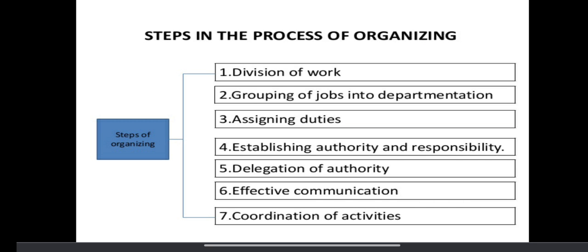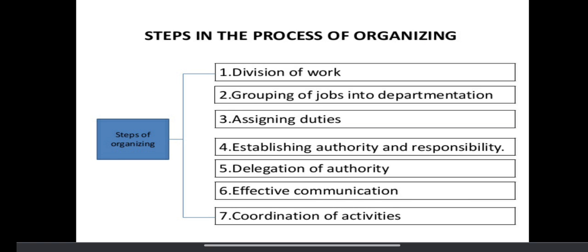Where a person is ready to handle the task with responsibility, that person is eligible to complete the task. So authority and responsibility are the two pillars required for proper organizing. So organizing involves authority along with responsibility.